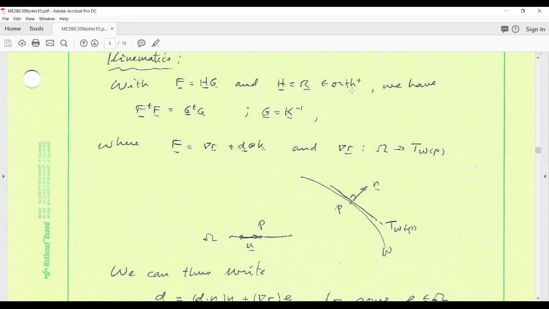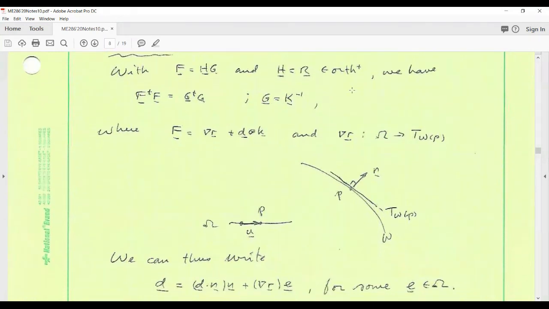H is a rotation under the pure bending scenario, which means that the actual Cauchy-Green deformation is just G transpose G, right? At the midplane. This is all at the midplane. And G, of course, is the inverse of K. And here's the midplane value of F.